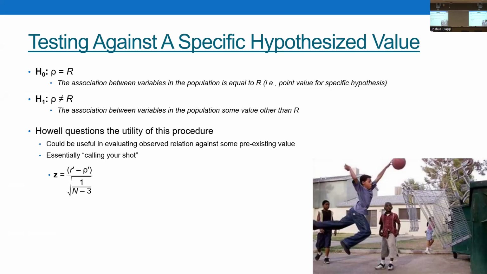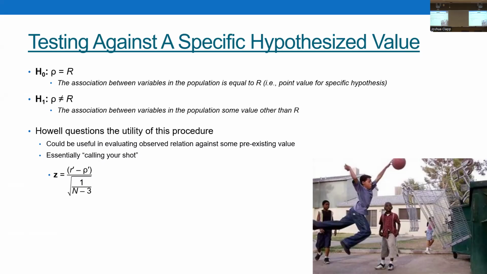What does this look like? Where have we seen something that very much looks like that formula previously? What do you think? Is it like the Z-test formula?